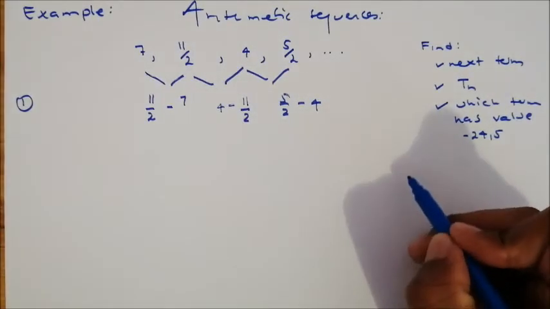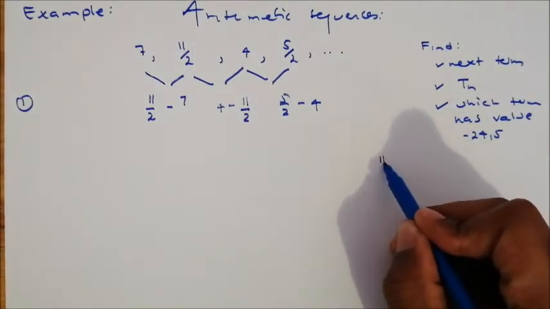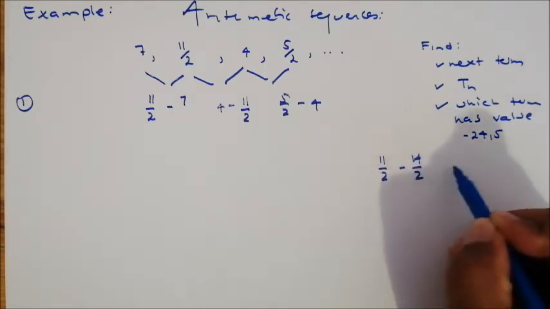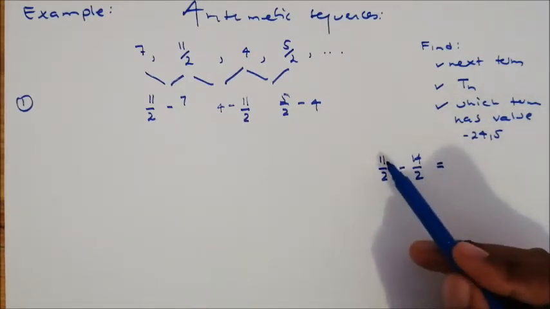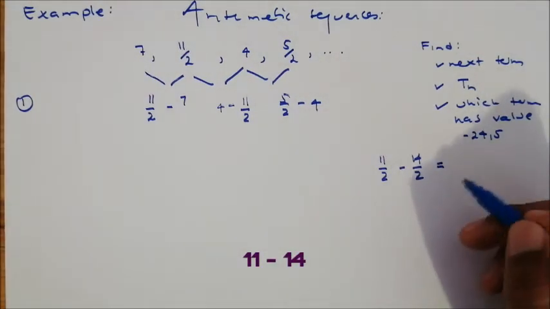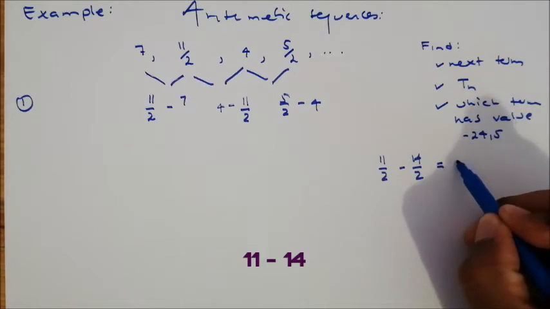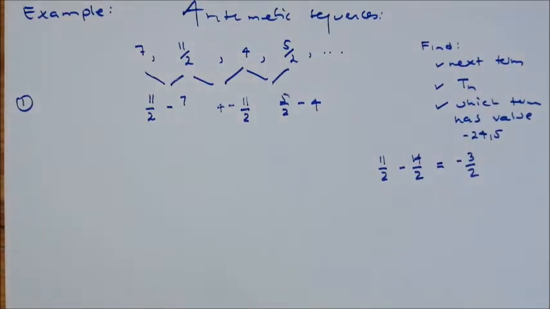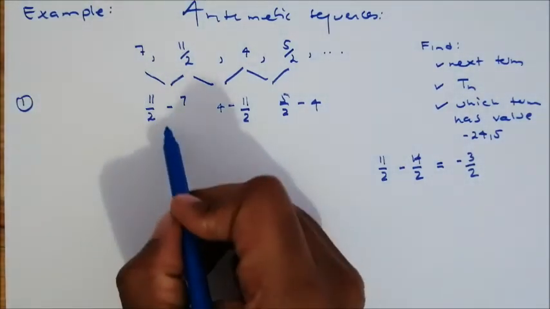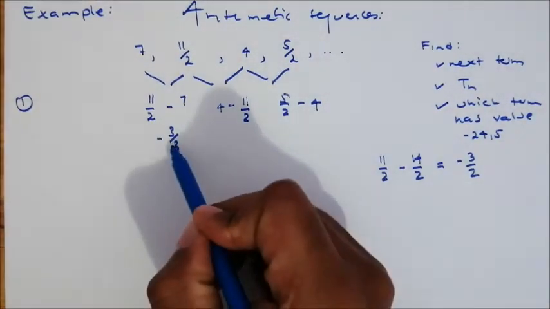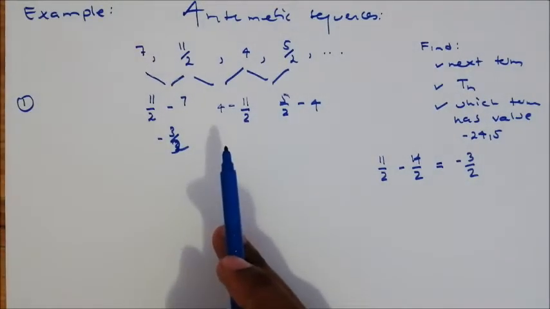So let me just find here 11 over 2 minus 14 over 2, that is 7, so 11 minus 14 is minus 3 over 2. Okay, cool. So the first difference here is negative 3 over 2. That will be the same for this one also.